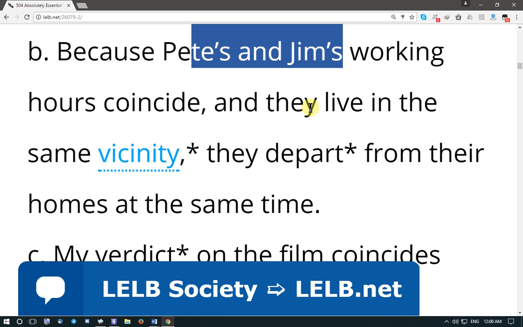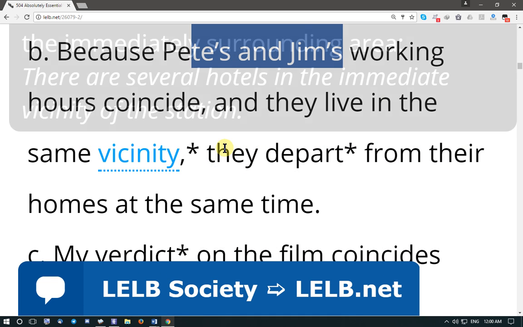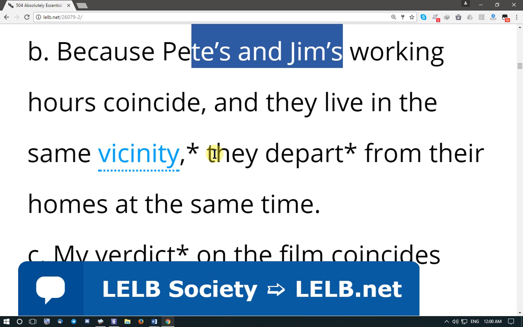And they live in the same vicinity. They live near each other. So, and also their workplace should be the same too. Therefore, they need to depart from their home, and leave home to reach the workplace at the same time. For example, they leave home at 7 to reach work at 8.